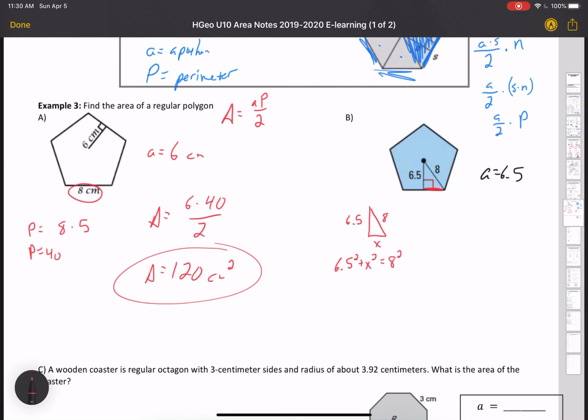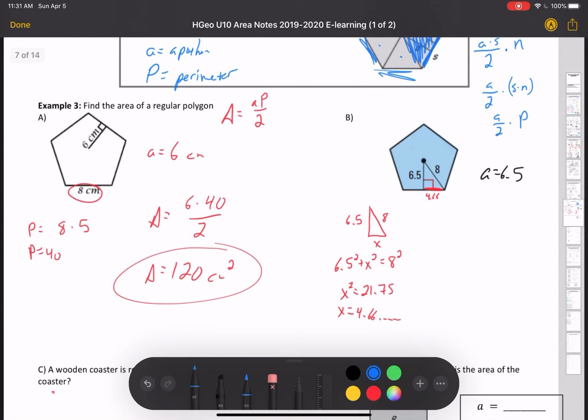After solving for that, using my calculator, x squared is going to equal 21.75. So x is going to equal 4.66 and so on. So that is just equal to this part right here.